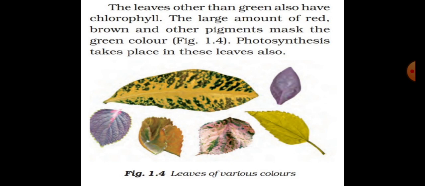So, as chlorophyll is present in the plants, though under the layer of colorful pigment, photosynthesis also occurs for them as they have chlorophyll.